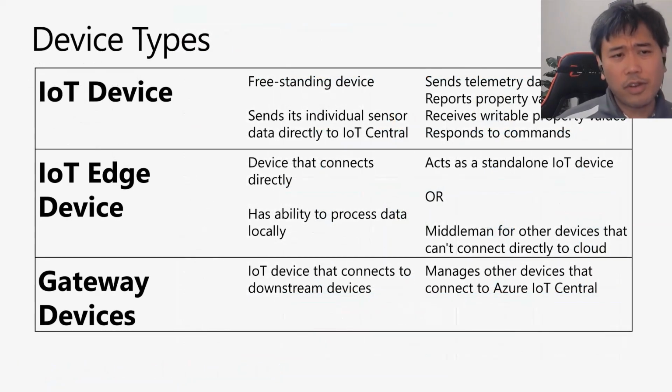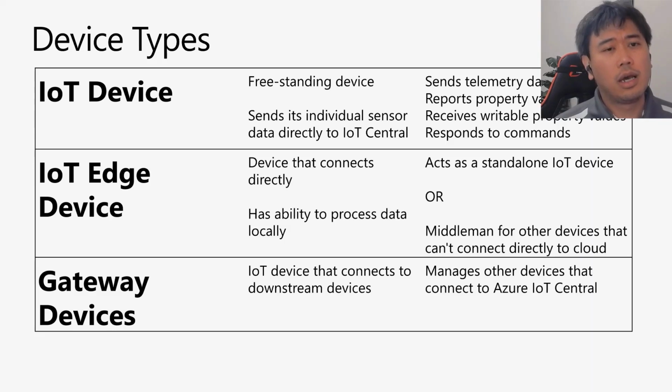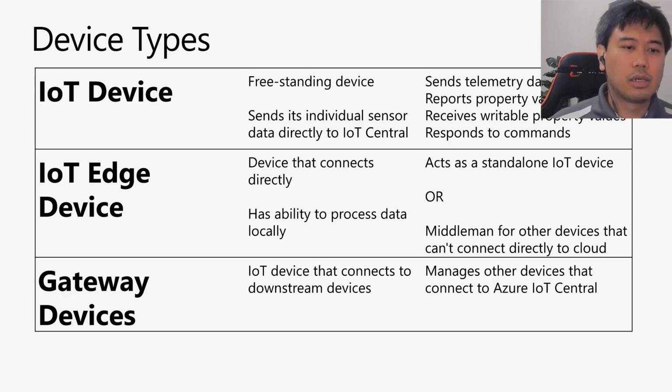So there are different device types that IoT Central can connect to, right? An IoT device, an IoT Edge device, or a gateway device. So let's figure out the difference between those three things. An IoT device is typically a freestanding device.